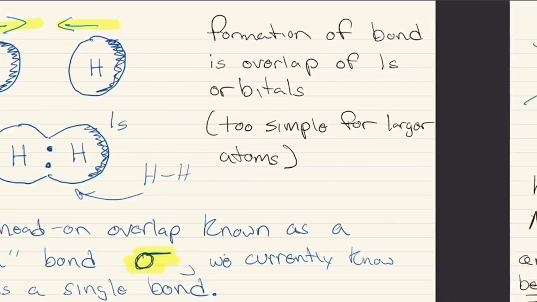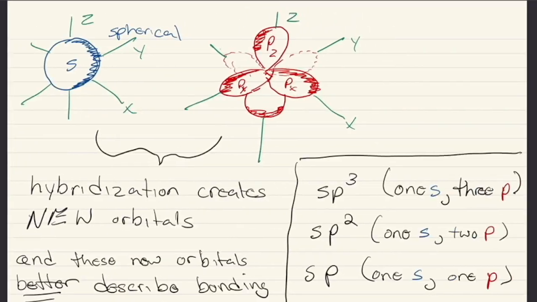Now let's talk a little bit about the hybridization theory. If we take a look at these two images, we should be familiar with the s orbital, spherical, centered at the origin, and we see a z, x, and y axis. And then our p orbitals, which have two lobes with a node at the center at the origin, and we have one along each of the x, y, and z axes, right?